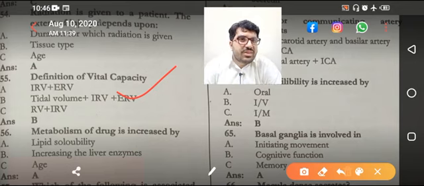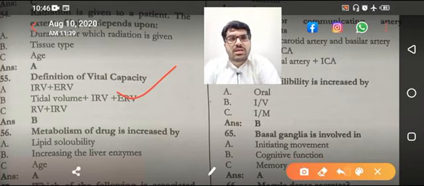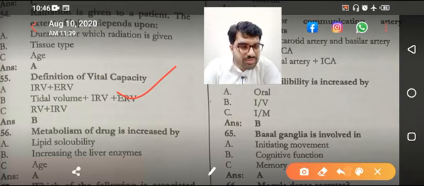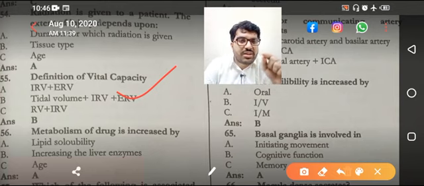What is the effect of pregnancy on respiratory rate? The answer is constant. What is the effect of pregnancy on tidal volume? The answer is increases. What is the effect of pregnancy on minute ventilation? The answer is increases, because minute ventilation is equal to respiratory rate into tidal volume.